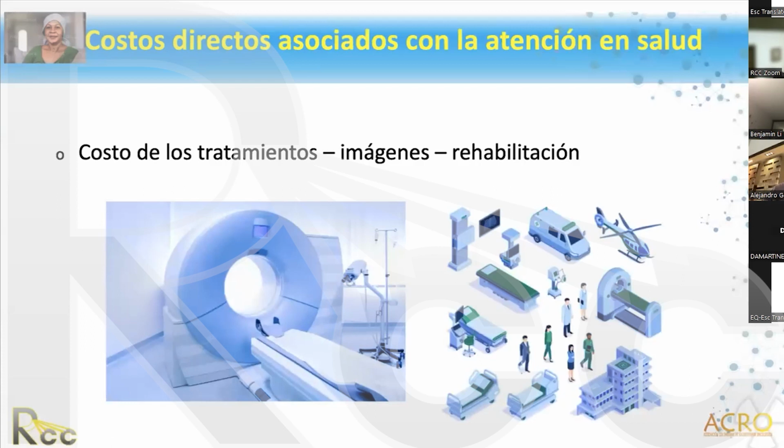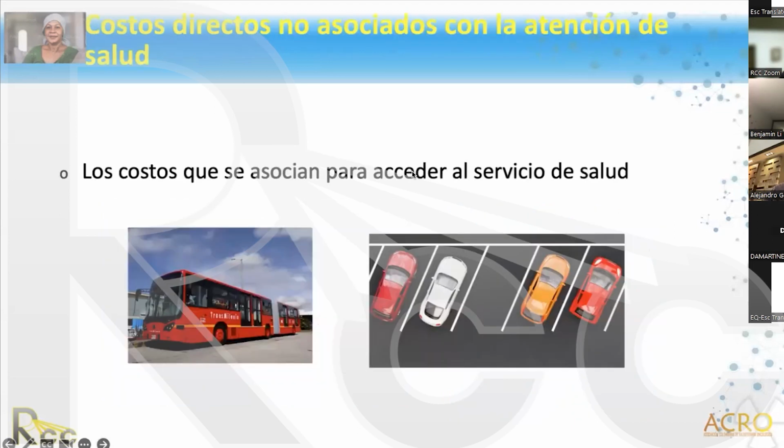Within those direct costs, we will have all treatment costs, imaging, rehab, and there will be some costs that are needed in order to have access to health service, such as transportation that could be on a bicycle, on a bus, or in a car. And that has a cost, the cost of transportation to arrive to the health center.